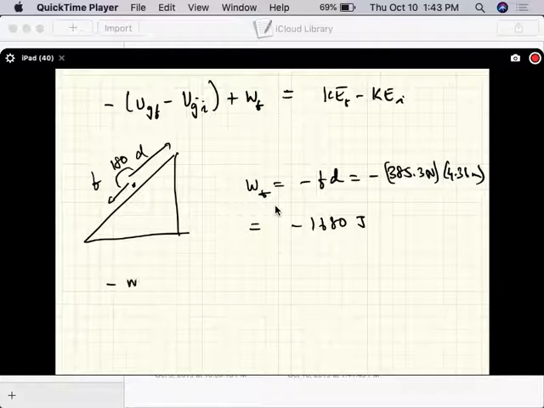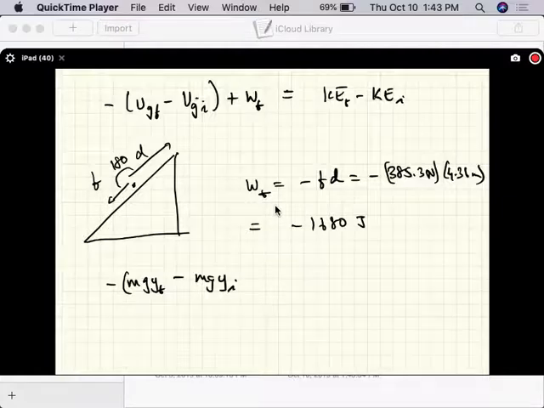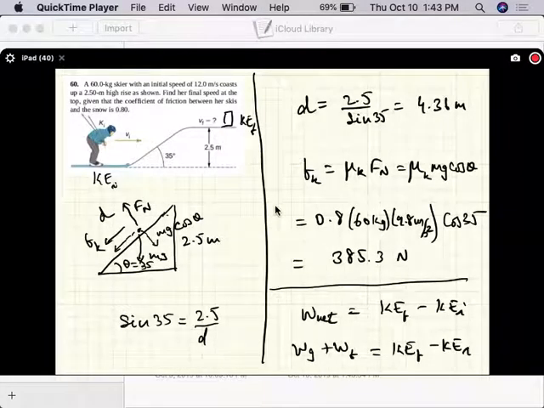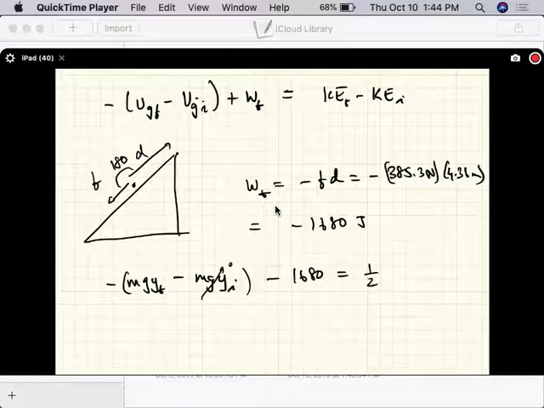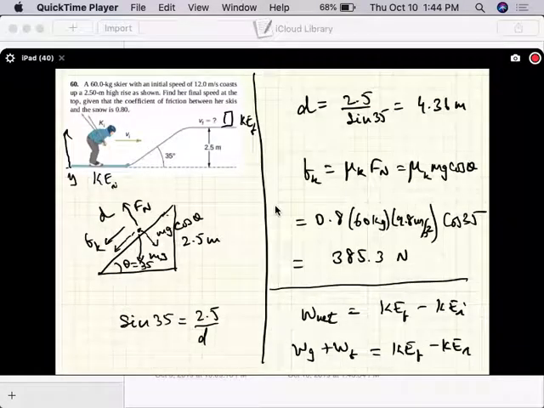So minus mg (y final minus y initial). We can be smart about it: we'll measure the y coordinate from ground level, so y initial will be 0. Minus 680 equal to 1/2 m (v final squared minus v initial squared).